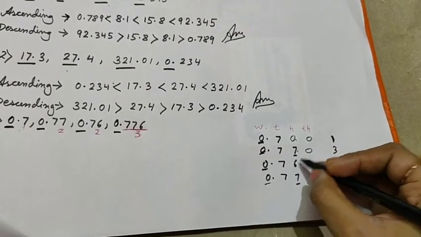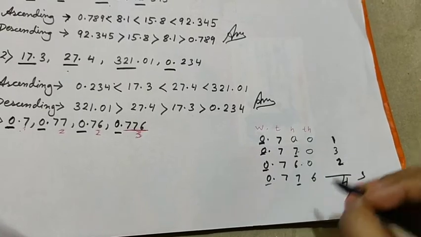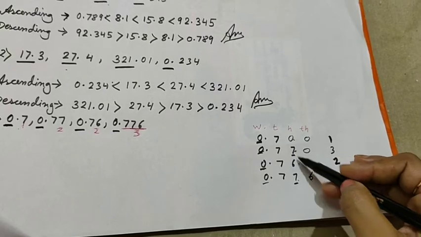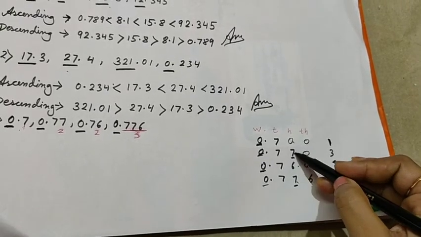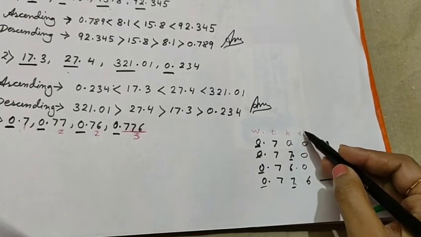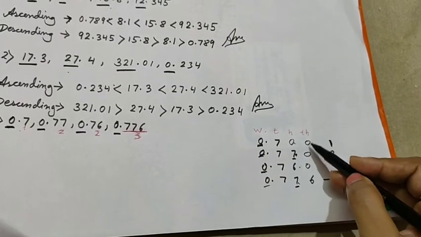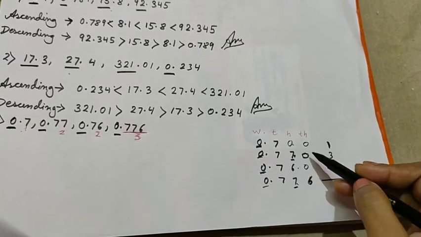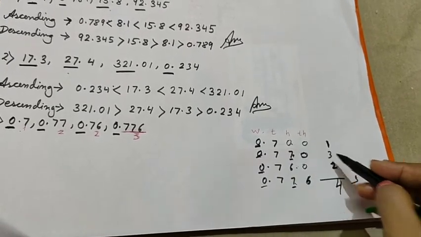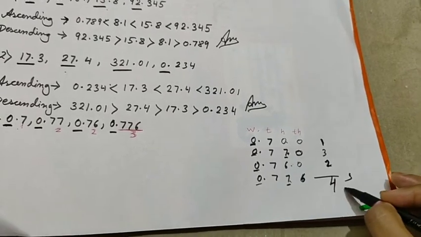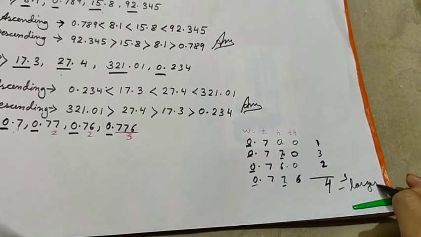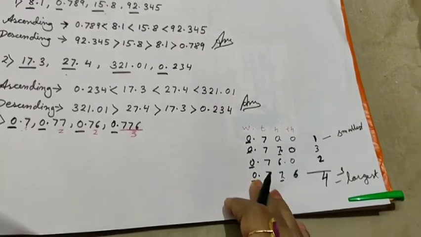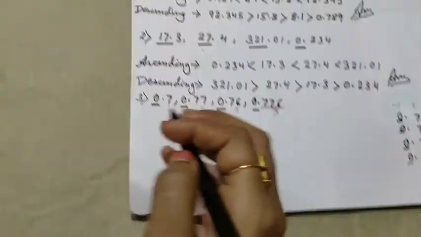Now both of these places are 7, so these are same. When the hundredths digits are same, we compare the thousandths place. In this number, here it is 0, here it is 6. So 6 is greater than 0. So here we will put 3, here we will put 4. 4 means it is the largest and 1 means it is the smallest.